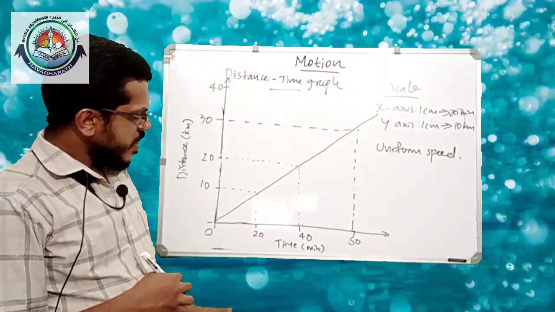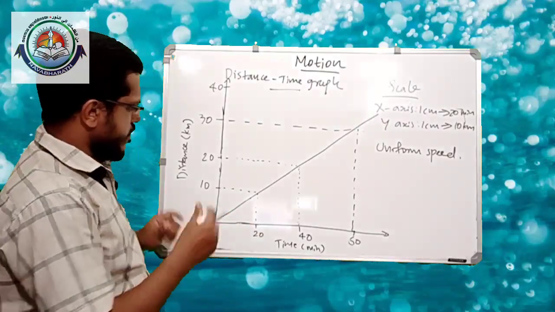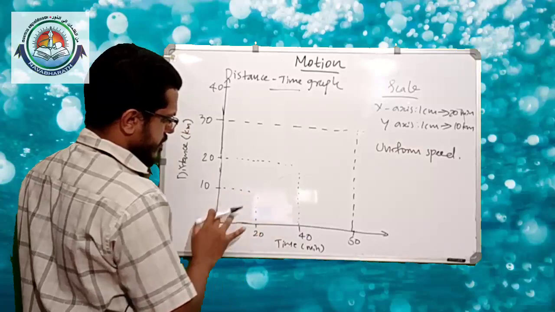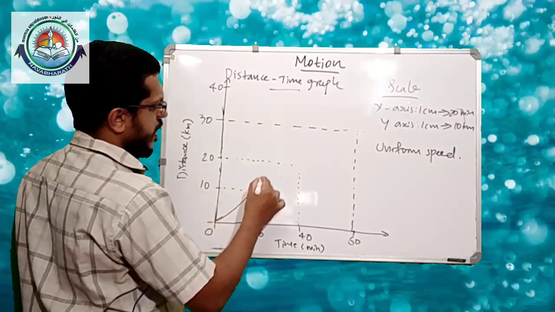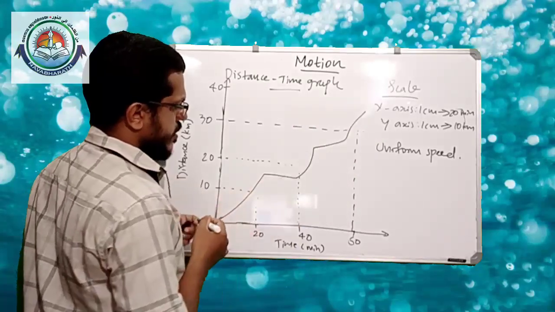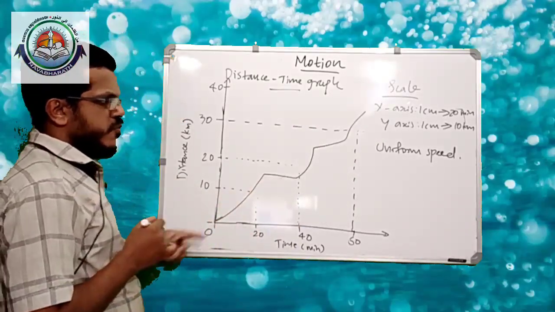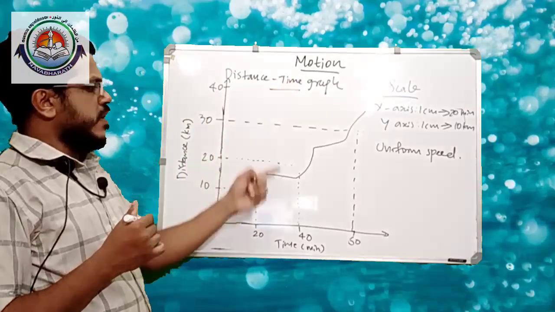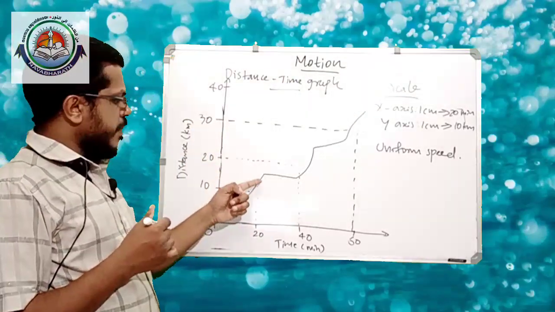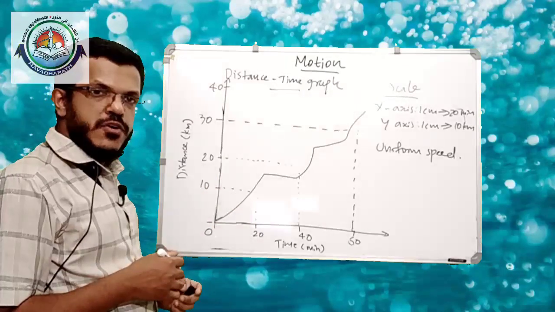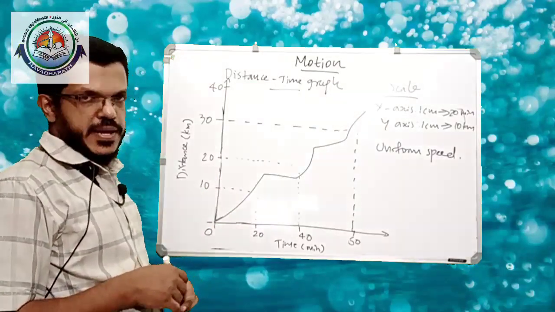Okay, if the graph is like this, then what is the relation? It is not a uniform speed, it is non-uniform speed. This distance time graph depicted here is a representation of non-uniform speed because it is not a straight line.